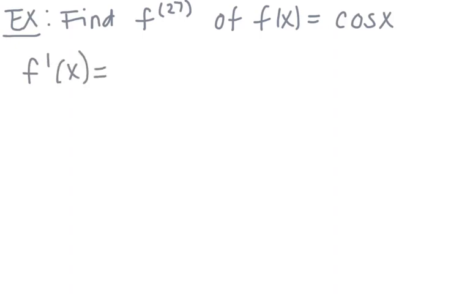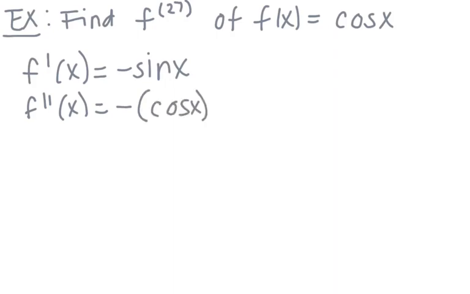So the first derivative of cosine x is negative sine x. The second derivative would be negative, and then the derivative of sine x is just good old cosine x, so negative cosine x. The third derivative, again we have that negative out front.